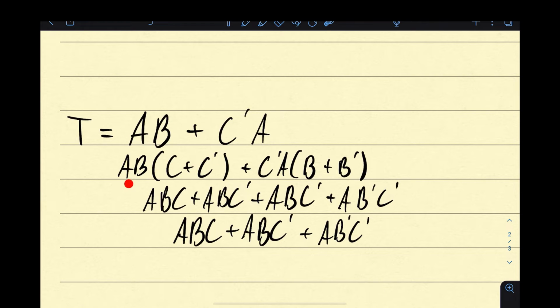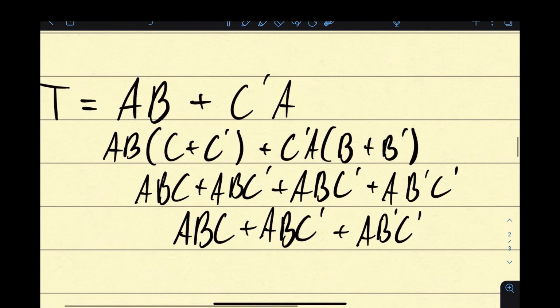So you distribute A and B with C or C's complement. And you do the same thing for the next term. You have complement of C and A. What is that missing? It's missing the B. So you'll go ahead and bring over that B and its complement form and distribute. So you have that here in the second line where I demonstrate such.